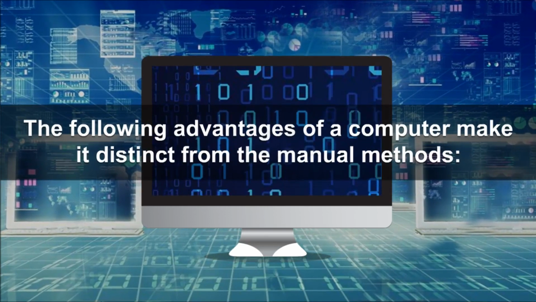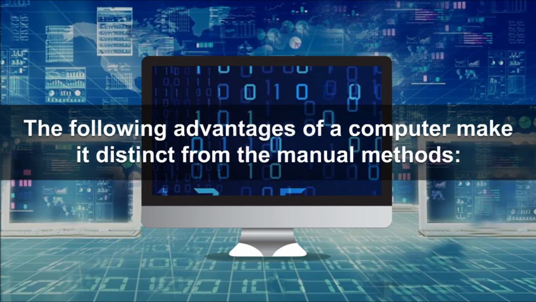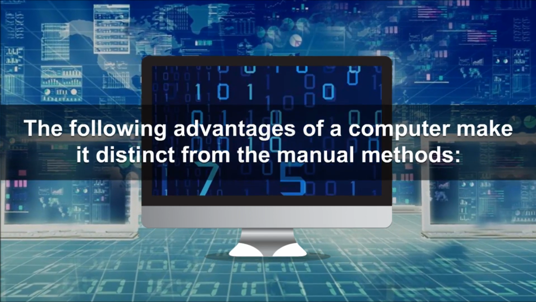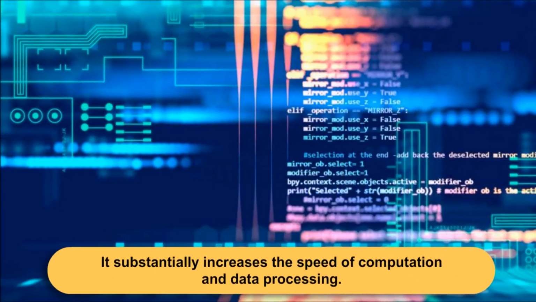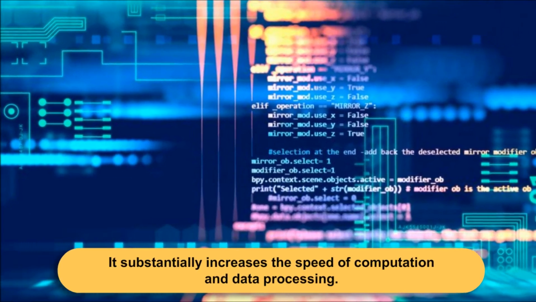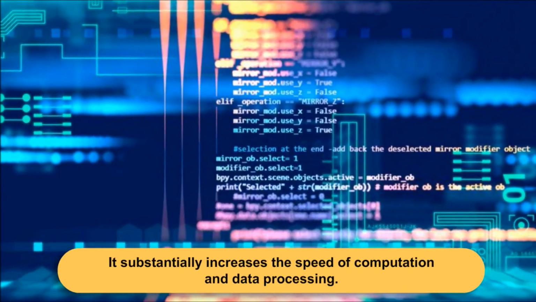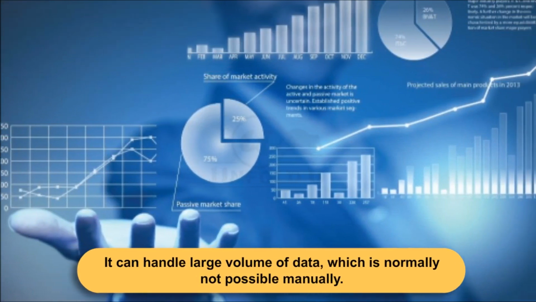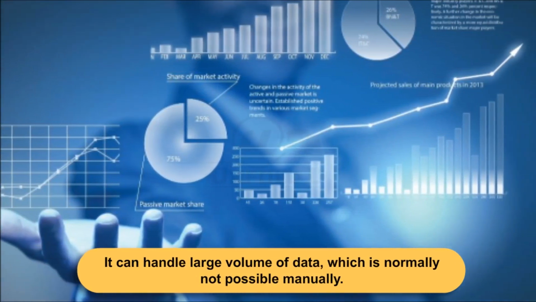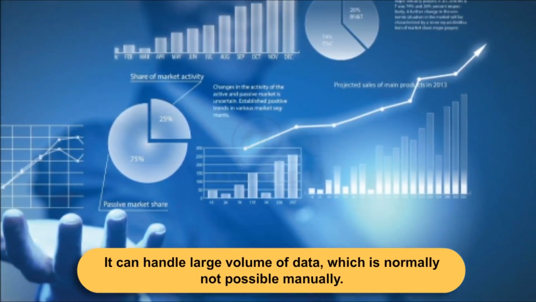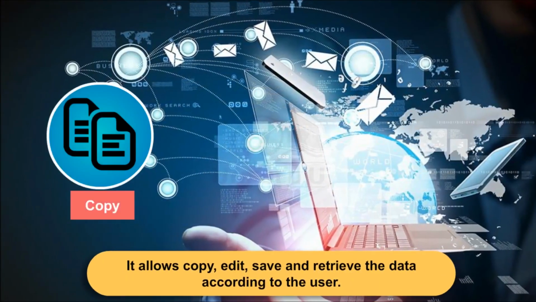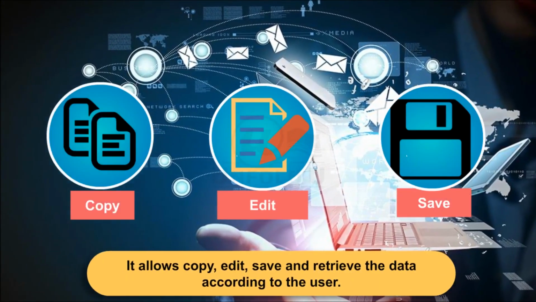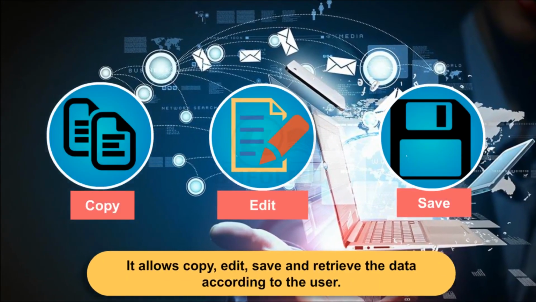The following advantages of a computer make it distinct from the manual methods. It substantially increases the speed of computation and data processing. It can handle large volume of data, which is normally not possible manually. It allows copy, edit, save, and retrieve the data according to the user.